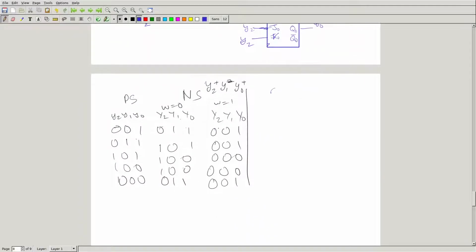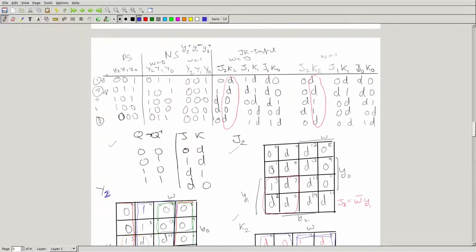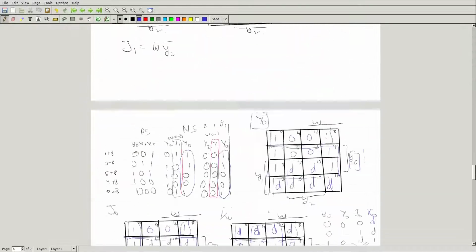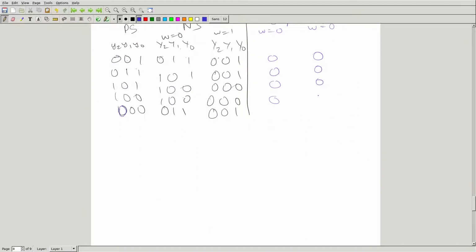So the outputs for w equal to 0 and w equal to 1, and let's call this z. So we have 0, 0, 0, 0, and we are trying to detect here 0, 1 and 1, 0. Okay.